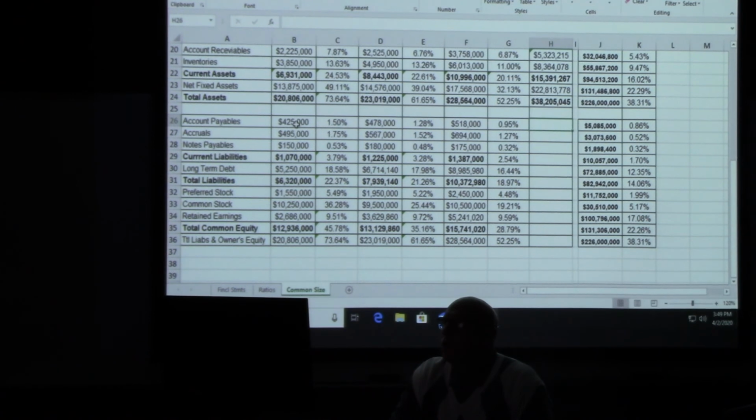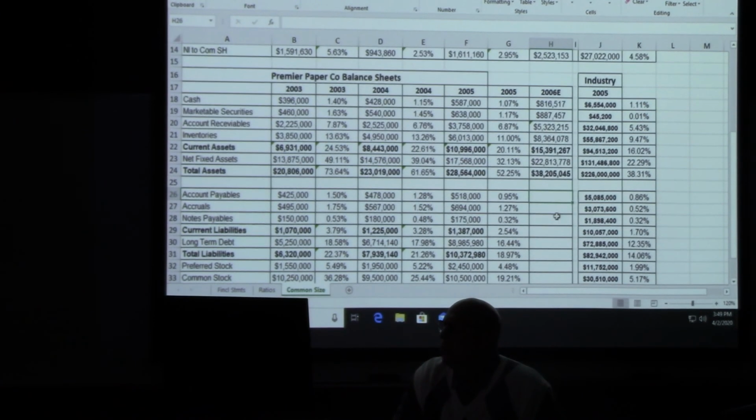Now, our accounts payable number has dropped down, and let's continue to drop that down, and we'll kind of cut the difference, meet in the middle there, and we'll say that is 0.9 times our sales number.